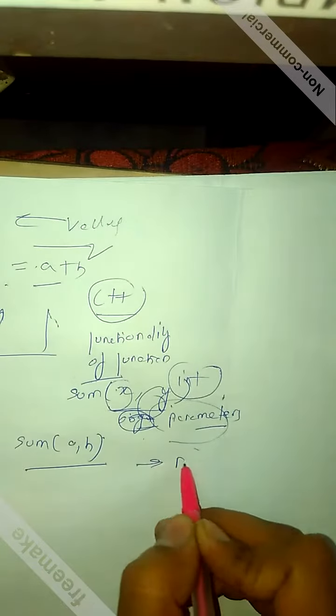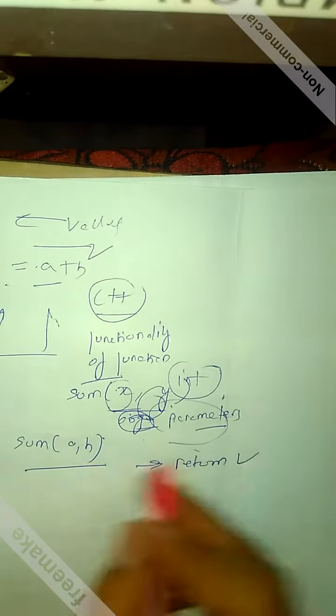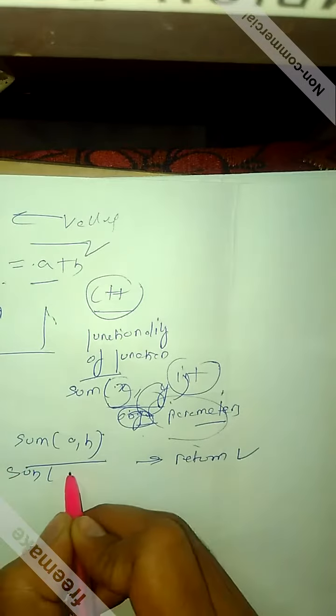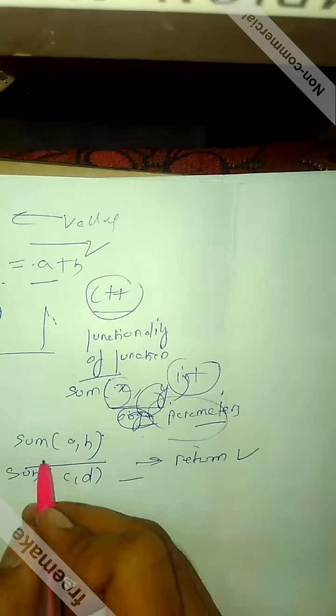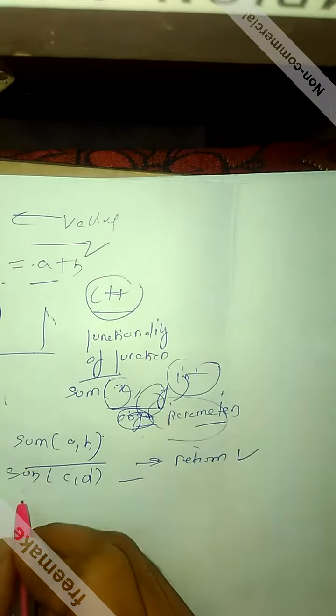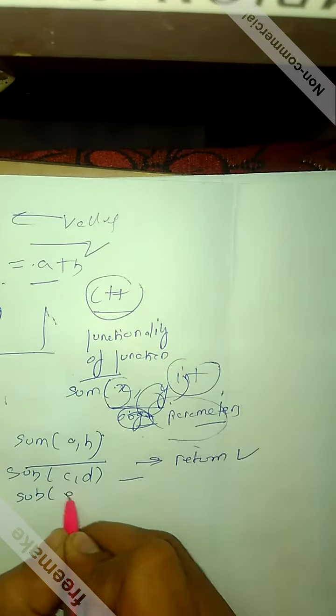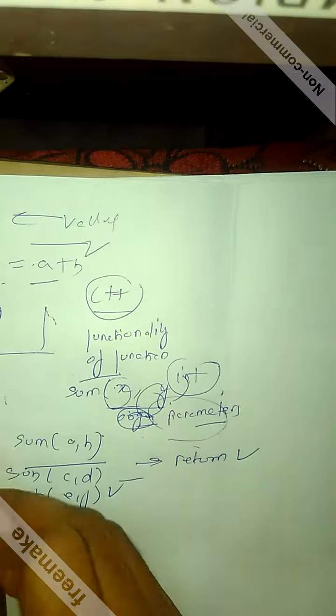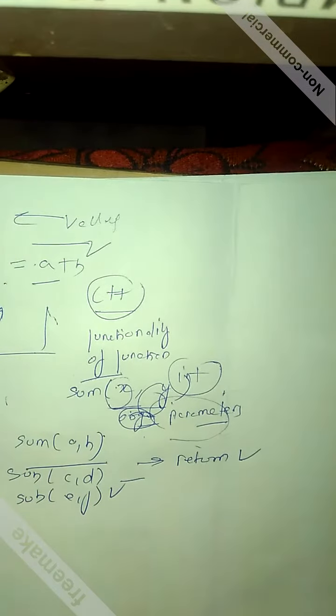Now sum will return me some value. Similarly, if I want to do sum of c and d, I will just do this. Instead of declaring again and again and adding again and again, I don't have to do that. If I want e and f, I will just do it. This way, it's not messy, it's not repetitive, and it's not dumb.